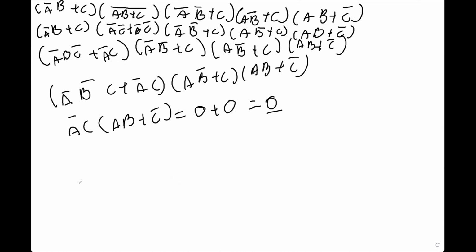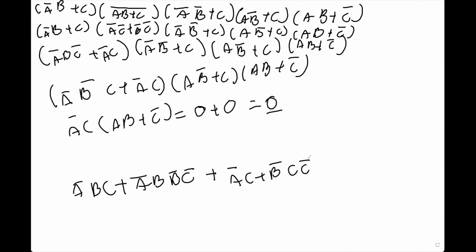Before I simplify it, it would be not A B C plus not A B times B not C plus C. Multiply that, it'll be not A C plus B not C plus C not C. And if you're wondering why I did this, if you were to do the math and actually try to work it out, this is what you're going to get.